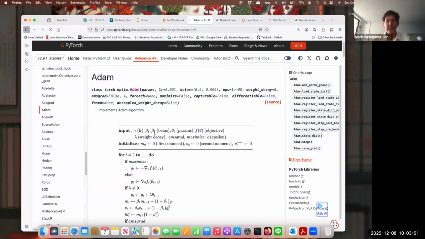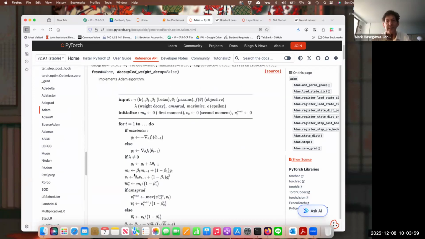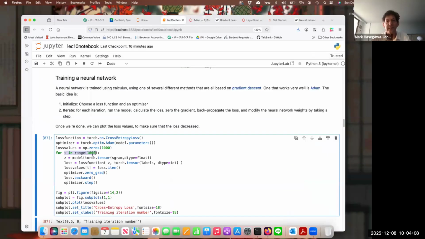The set of parameters that you're trying to optimize, theta, in our case is the matrix A, the linear parameters of the linear layer, and those have to be updated step by step. So for t in each of the iterations. In our case, we're going to do 1,000 iterations, for t in the range from 0 to 999.